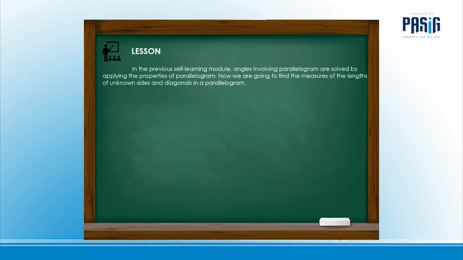In the previous self-learning module, angles involving parallelograms were solved by applying the properties of a parallelogram. Now, we are going to find the measures of the lengths of unknown sides and diagonals in a parallelogram.